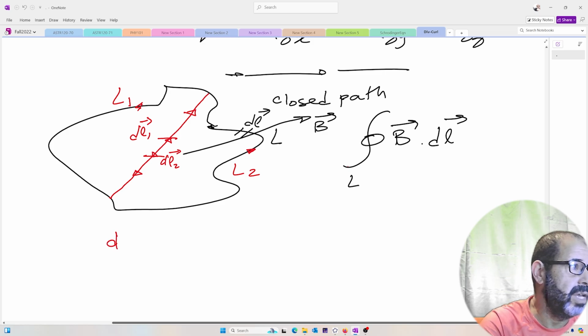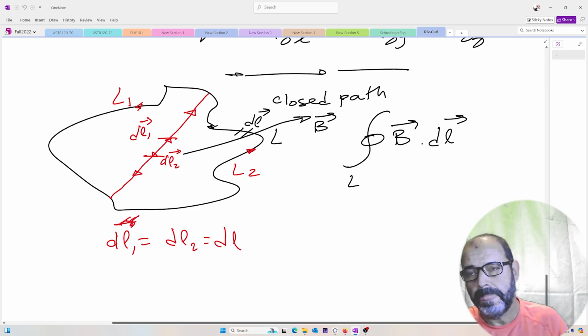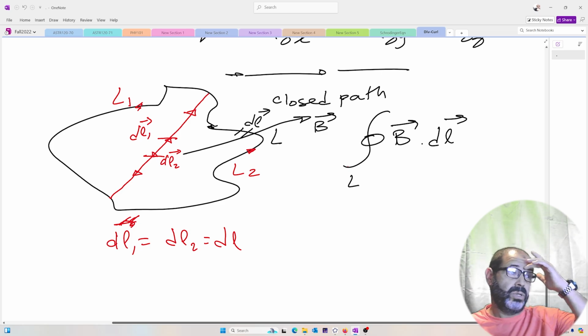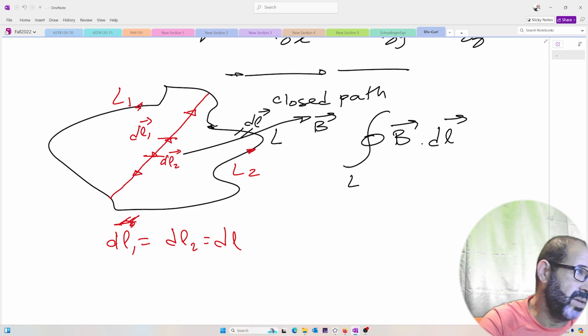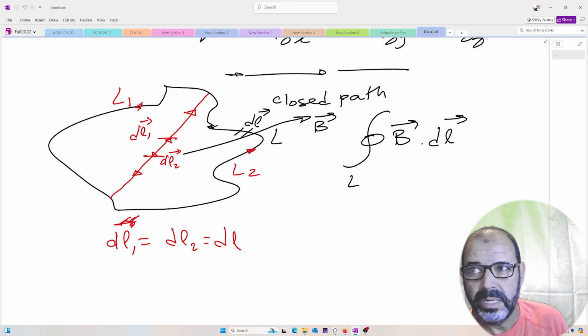The magnitude of dl1 is the same as the magnitude, oops, I'm going to remove the vector, is the same as dl2, is the same as dl, okay? Small element, okay? I should have used deltas because I'm dealing with a finite quantity. It doesn't matter at the end. We're going to make delta d and integrate.